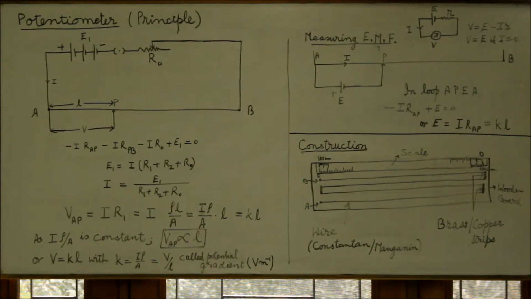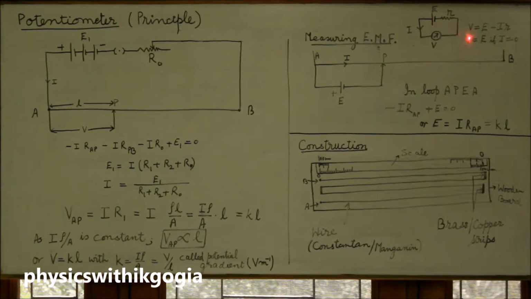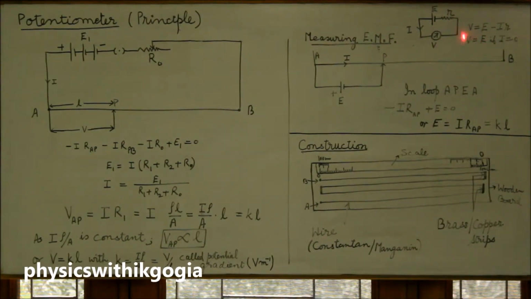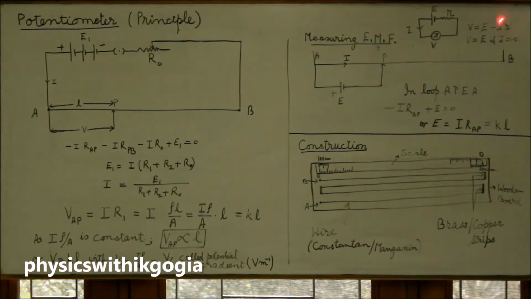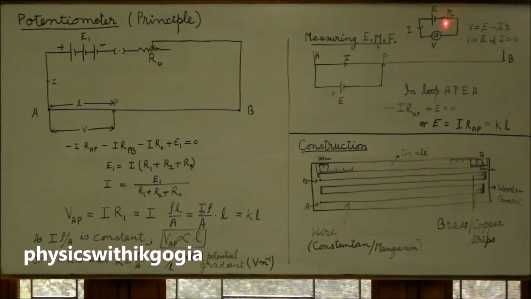Now let's see actually how do we measure the EMF of a cell. Supposing we connect the cell of EMF E to a voltmeter to measure its EMF, but here current will flow through the circuit. So you can write V is equal to E minus IR. We know IR denotes the lost voltage across the internal resistance of the cell.